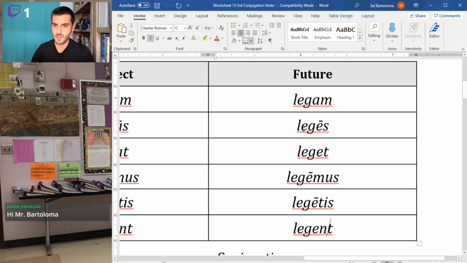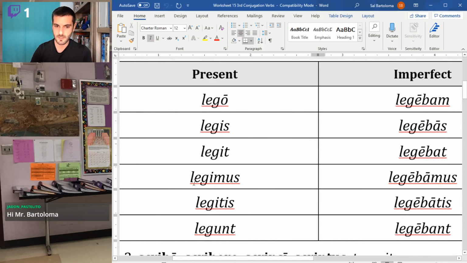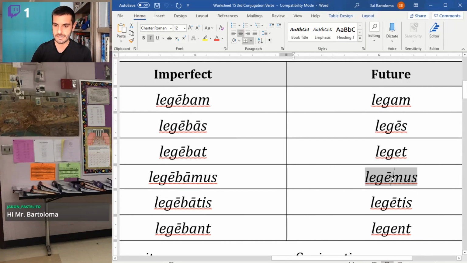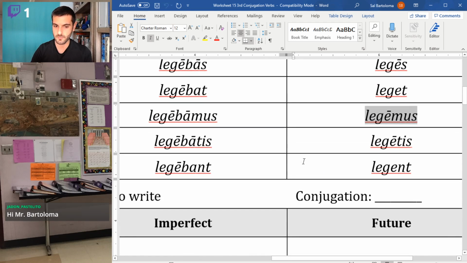So we have legam, leges, leget, legamus, legetis, legent. Okay? So no bo, bi, bu, which is a little bit jarring if you're used to it, but we do not use it for third conjugation. So you always have to be looking at those vowels, right? Because if you go from present, legimus, to future, legamus, the only difference is the vowel. So you got to be paying very close attention to that.